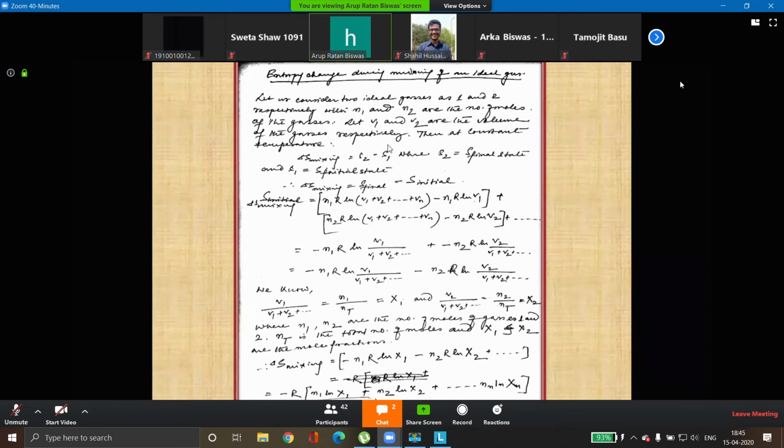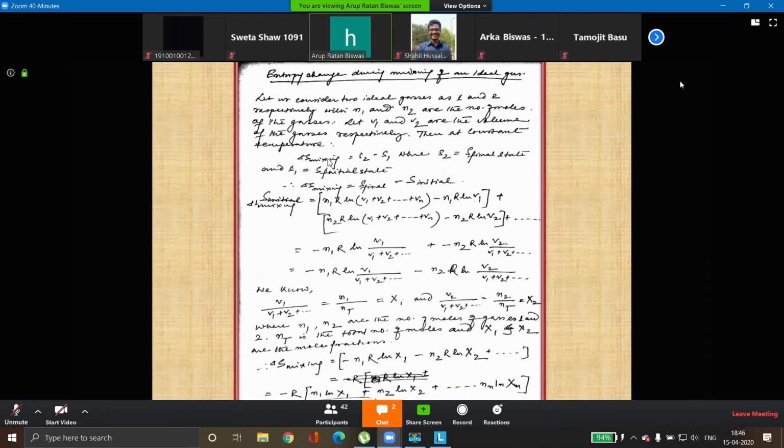Let V1 and V2 be the volumes of the gases respectively. Then at constant temperature, this is very important, that means the mixing is taking place at constant temperature, there is no change in internal energy. The internal energy remains constant.